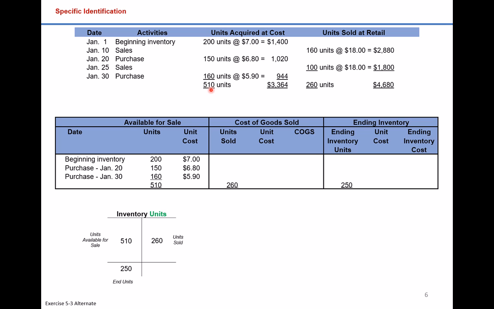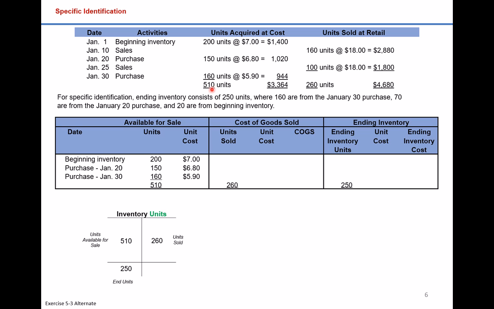Now let's look at the value that made up those individual ending units and units sold. It says for the specific identification method, ending inventory consisted of the 250 units, we had that, where 160 were from the January the 30th purchase, 70 are from the January the 20th purchase, and 20 are from the beginning inventory.